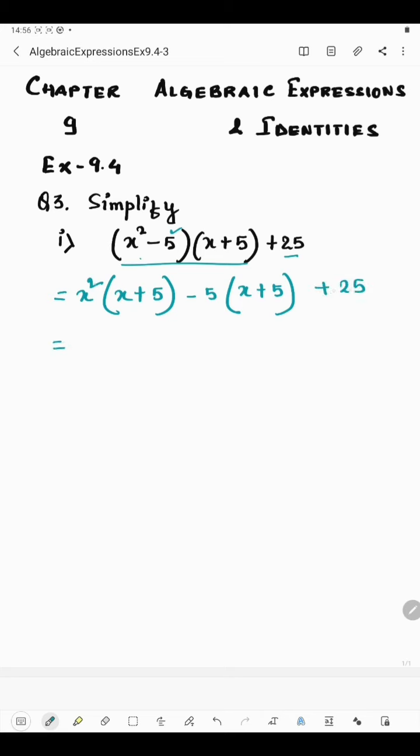Now here x² is present and here 1x, so 2 plus 1 is 3, x cube. Then x² into 5 is 5x². Now minus 5 into x is minus 5x, and then minus 5 into plus 5 is minus 25, since 5 fives are 25 and plus into minus is minus. Then we have plus 25.